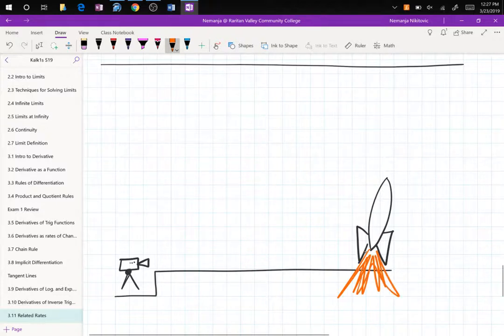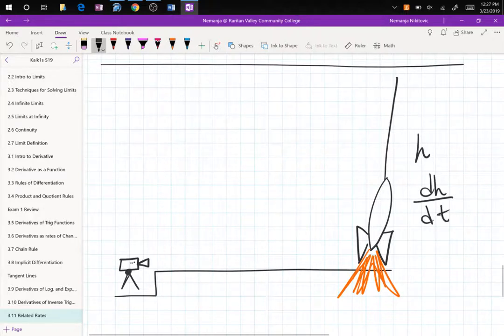There we go. It's going to take off, and it's going to go vertically up with the height h, and clearly its speed, dh/dt, because it covers height in time. So it's a vertical speed.